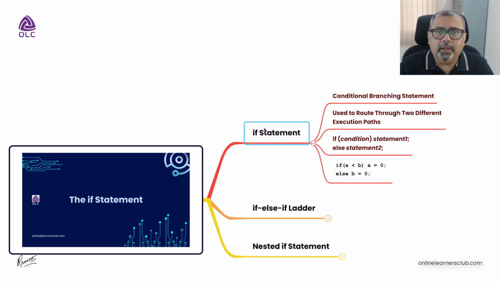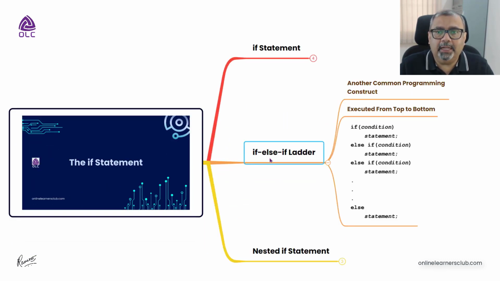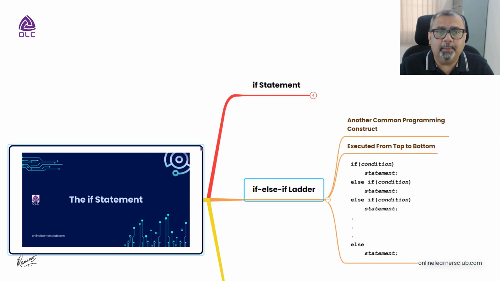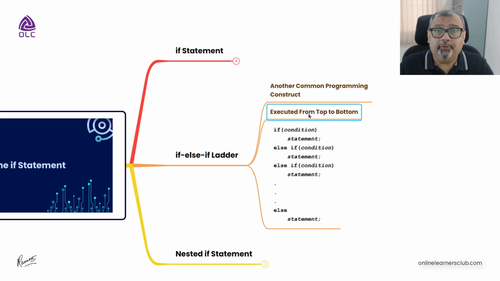We could also have the if-else ladder. So we do have this if-else-if, which is another common programming construct here. So here you could see that it is executed from top to bottom. So it's from a typical control, and then we see the condition coming into picture. If a particular condition is satisfied, one statement is executed.